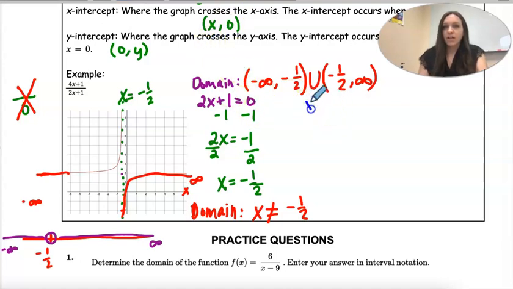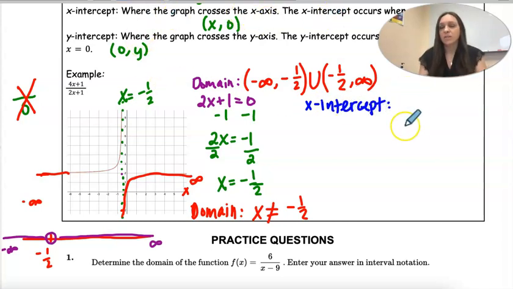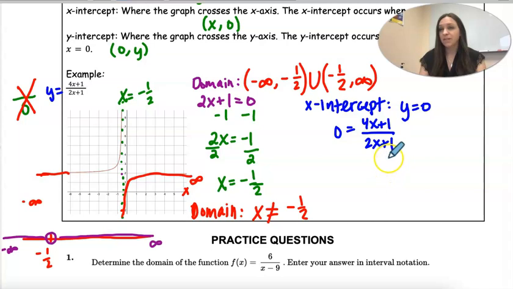Okay, so remember the x-intercept is where y equals 0. So remember, all of our functions are y equals. We just don't always see that. So I'm going to put the whole function equal to 0. And now we have to solve, but it's not that bad. We're going to get rid of the fraction by multiplying by the denominator on both sides.